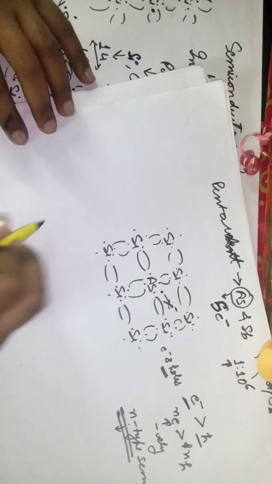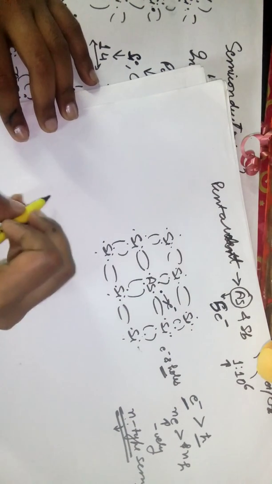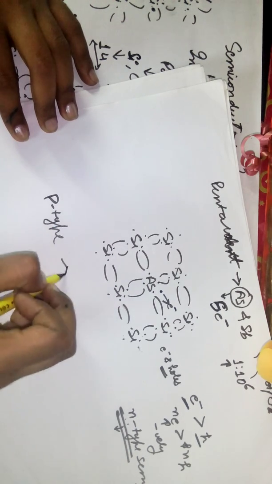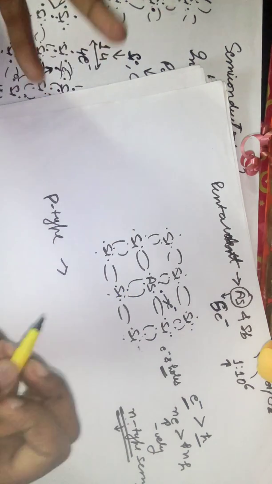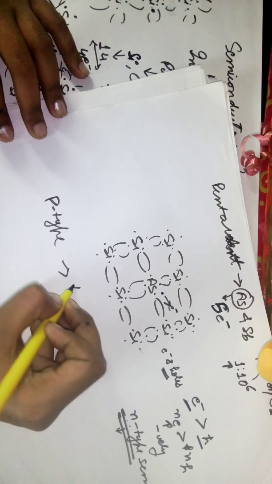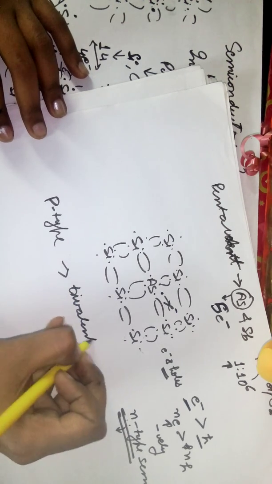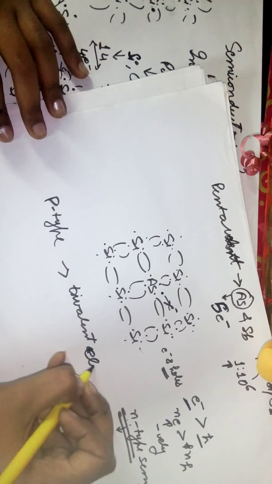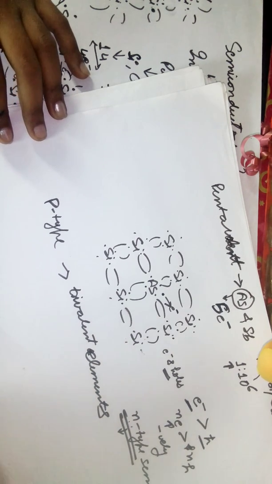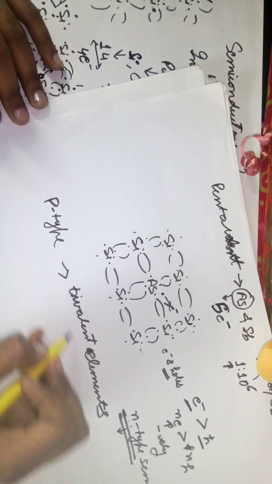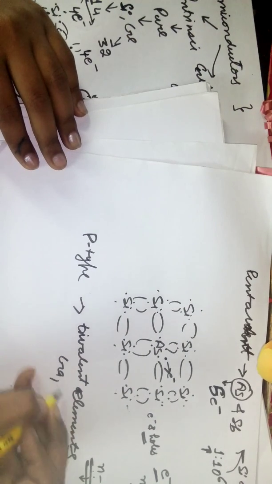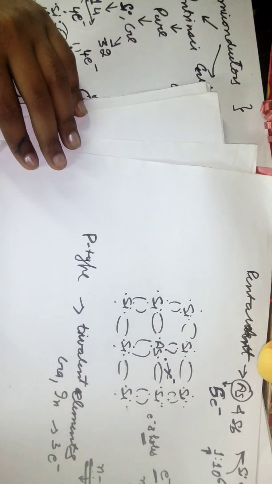Okay, now similarly we have p-type semiconductor. P-type semiconductor is obtained by using trivalent elements, like gallium and indium, which have 3 electrons in their valence shell.